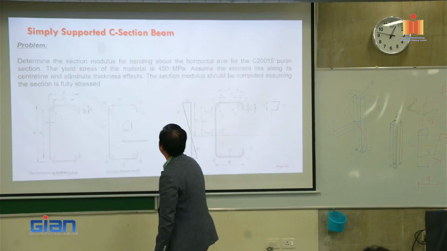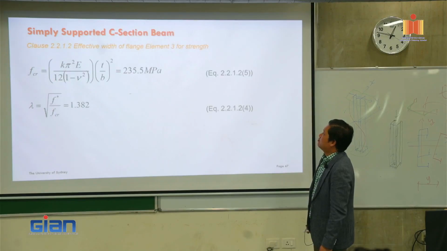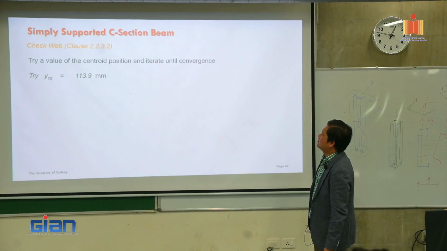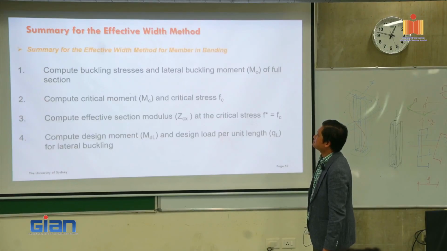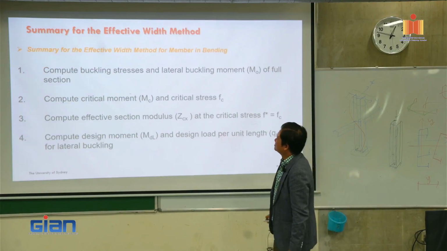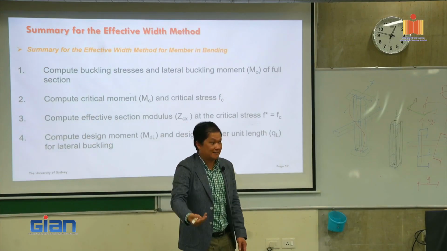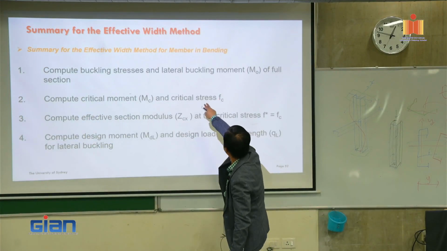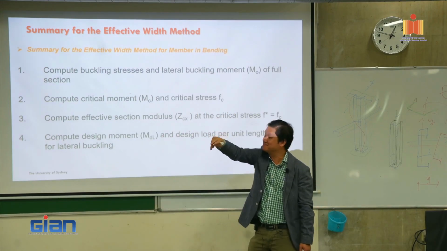So in conclusion, I want to share with you the summary of how you're going to do it. First, you calculate the elastic buckling stress, all right? So that is M naught, equivalent to MOC on the column.